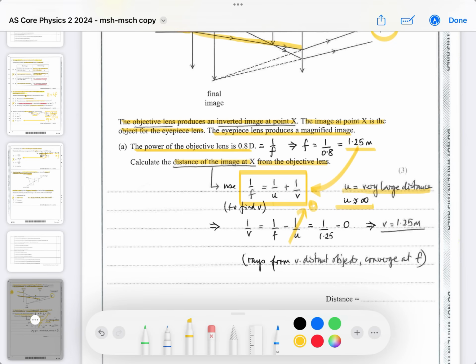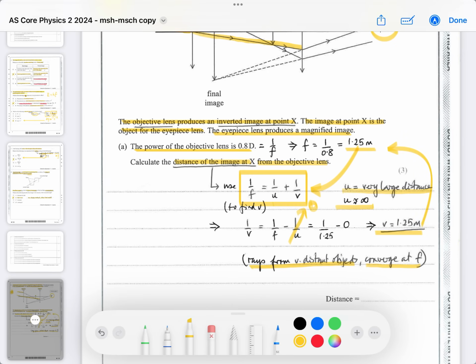So when you invert them, the distance to x will be 1.25, because rays from very distant objects like the moon will converge also at the focal length, so you should have realized that that is equal to the focal length, which we worked out before.